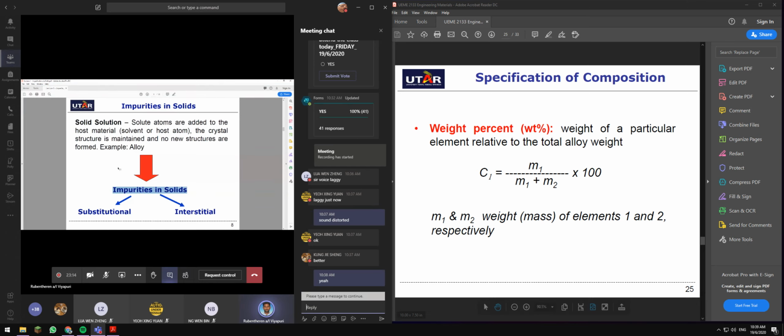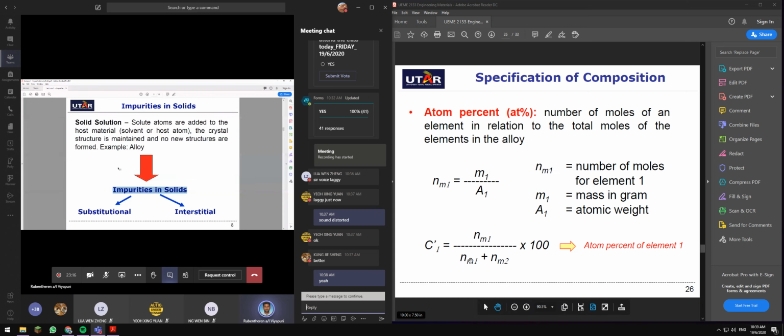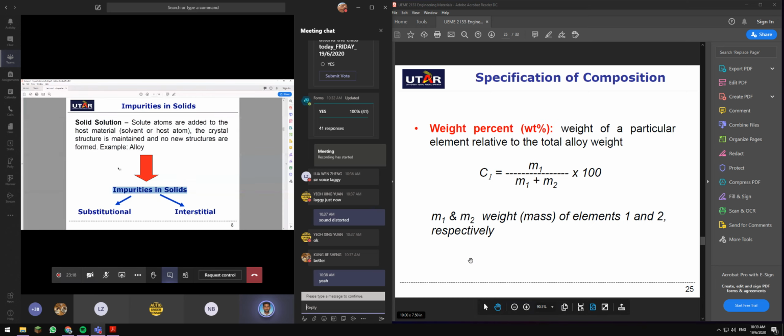There are two possibilities. One, it gives some enhancement to the intended properties, for example mechanical properties. Or it might deteriorate the intended properties. So there are two outcomes, and these will be carefully calculated and studied by materials engineers in terms of compatibility.